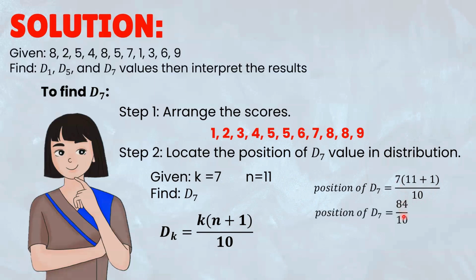That gives us 84 and then divided by 10. Our result is 8.4. So since our answer after using the formula is a decimal number, which is 8.4, we proceed to step 3, which is interpolation.